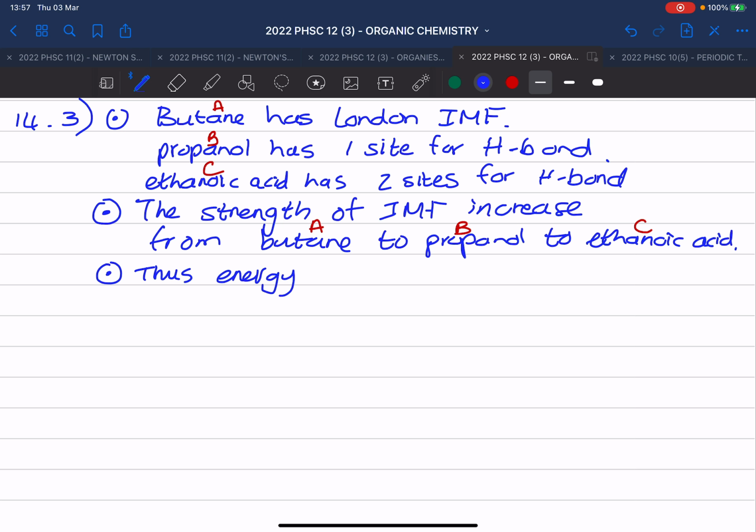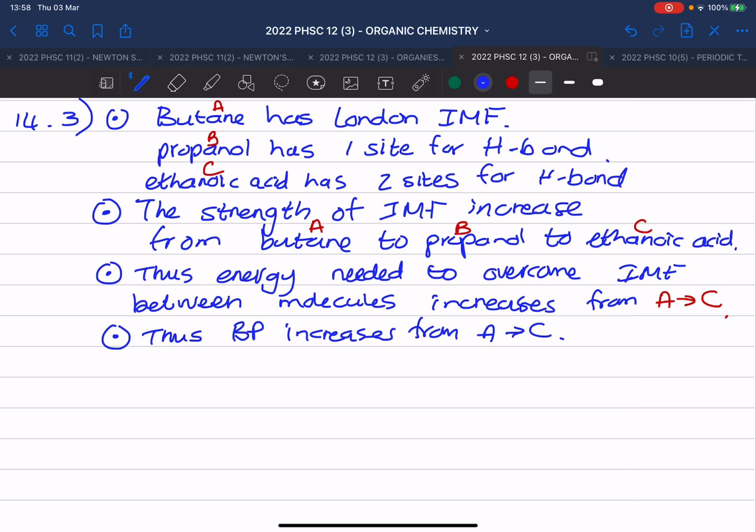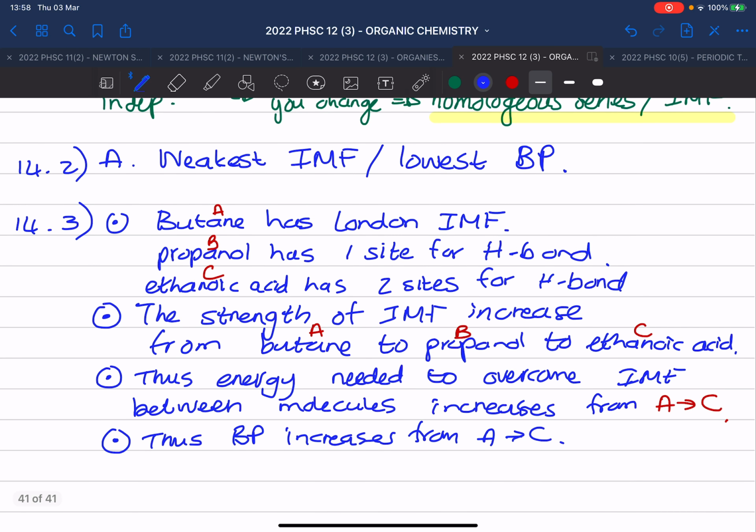Thus, energy needed or required to overcome intermolecular forces between molecules increases from A to C. And then lastly, thus, I'm abbreviating now to hurry, thus boiling point increases from A to C. Okay, so are you with me?